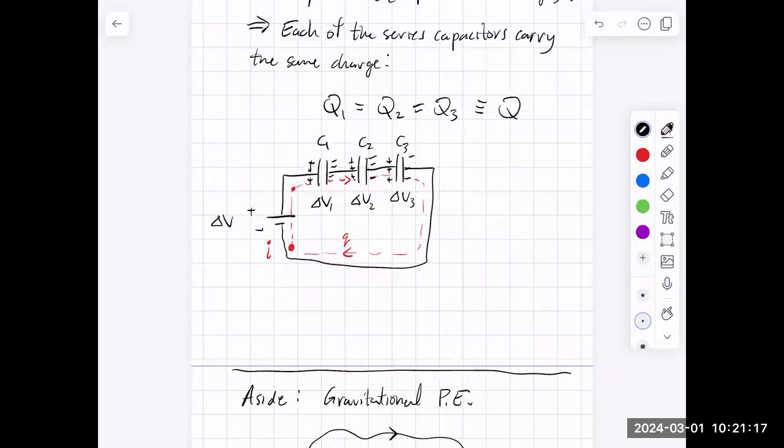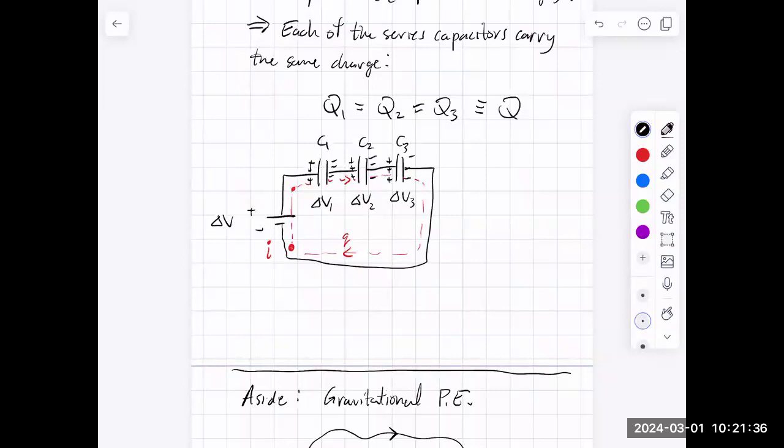And so for our capacitor, the electric field would be pointing from left to right. And so that means on the left, we're at high potential, and on the right, we're at low potential. So if we cross the capacitor, we're going from high to low potential. The change in potential is negative.